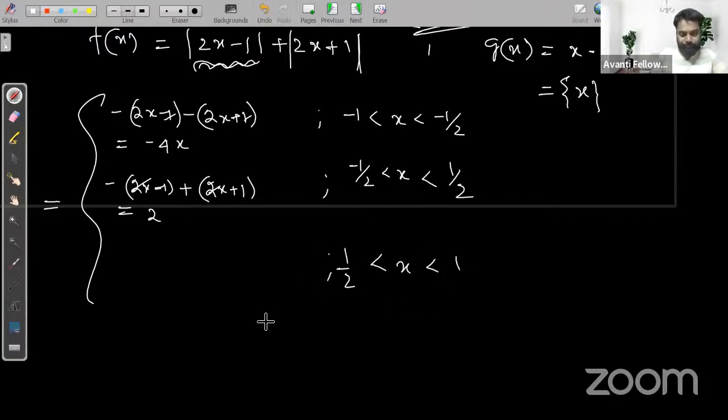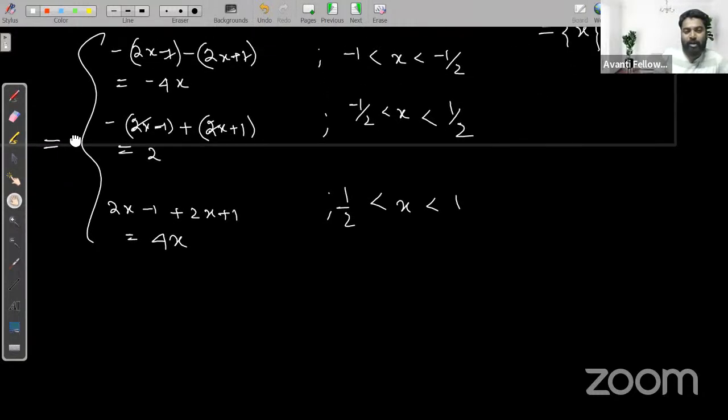So when x is from 1/2 to 1, both the functions open with positive sign, na? That is 2x minus 1 plus 2x plus 1, so it is giving you 4x.